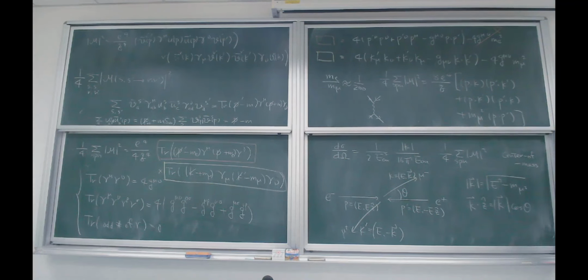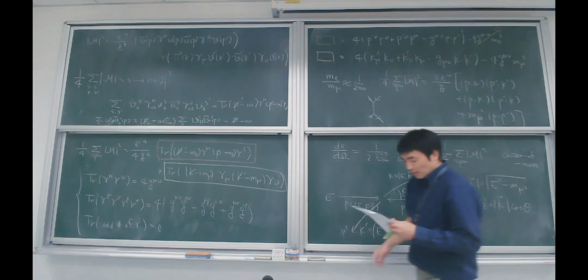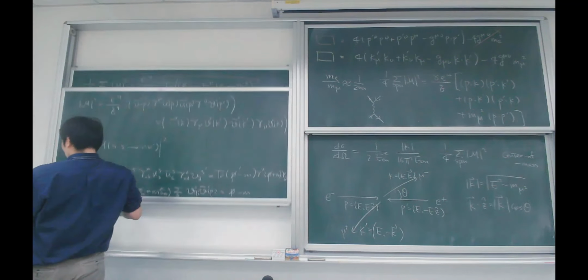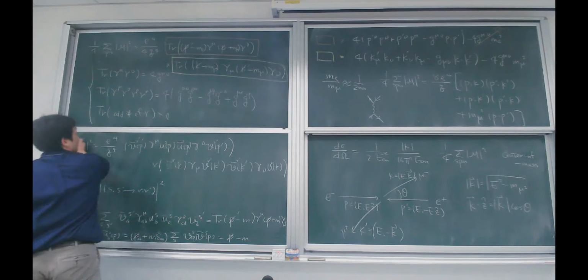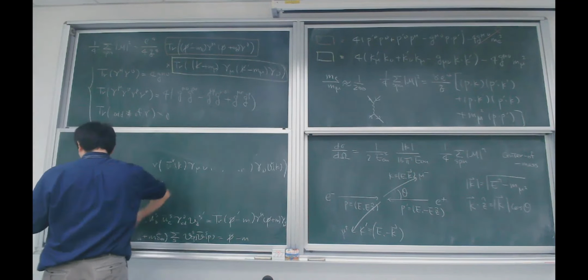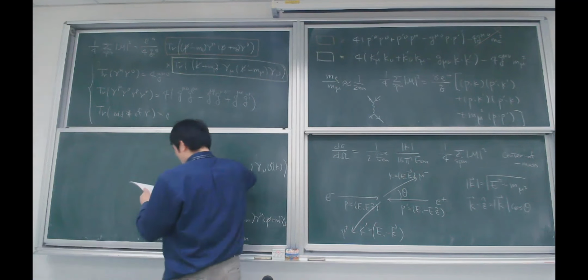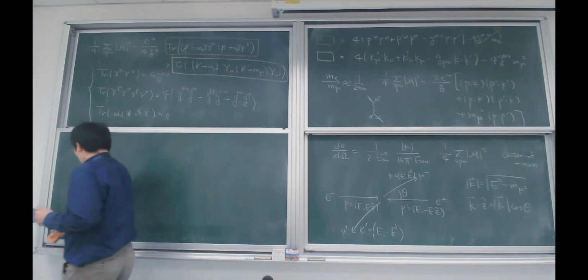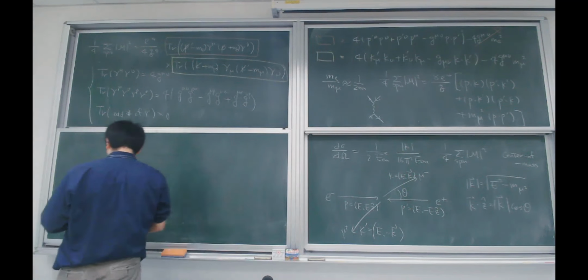It's a very super easy exercise to do that. I'm going to omit the computation. It's super easy, so I'm not going to write down everything. Plug that one into here, so everything is explicit.